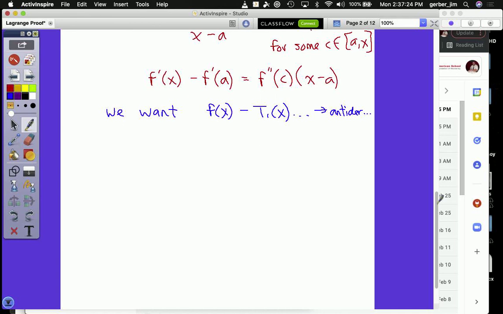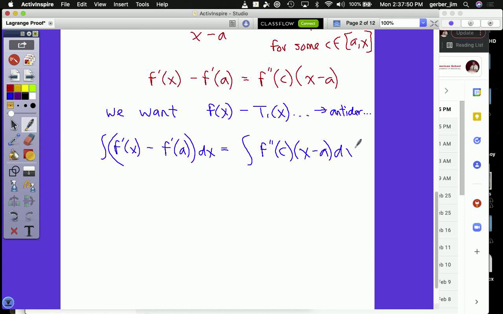If I take the integral, the antiderivative of both sides, I'm going to end up with this. The integral of f prime at x minus f prime at a, we're going to anti-differentiate with respect to x, of course. And that's going to be the integral of f double prime at c times x minus a dx.